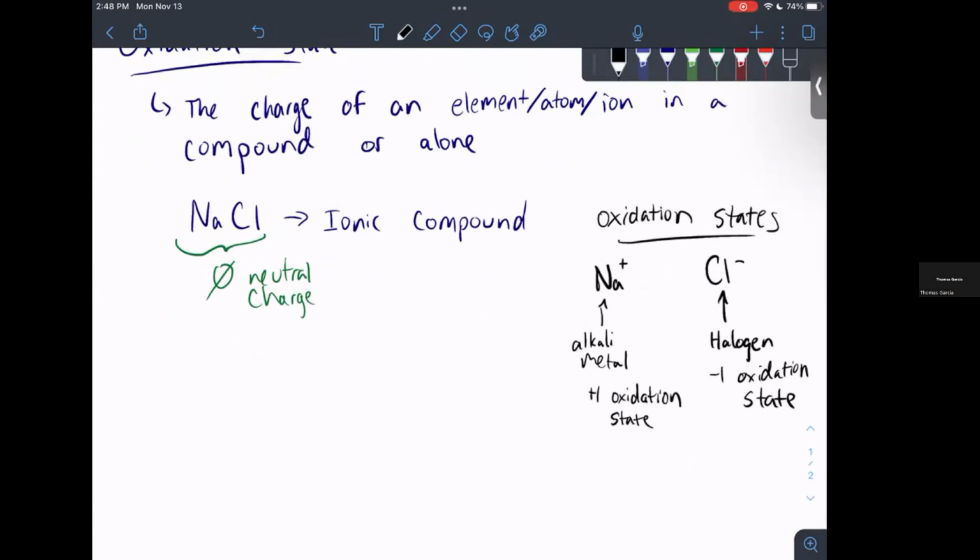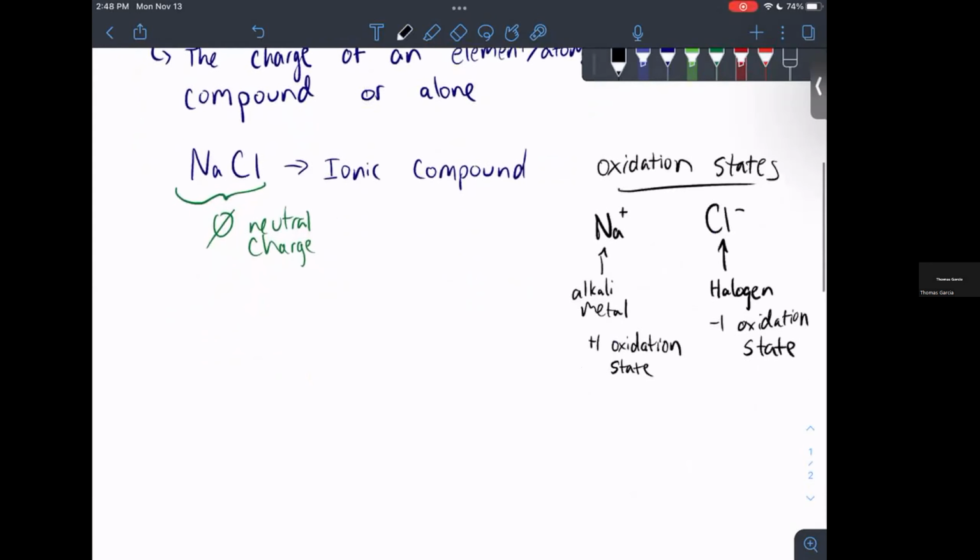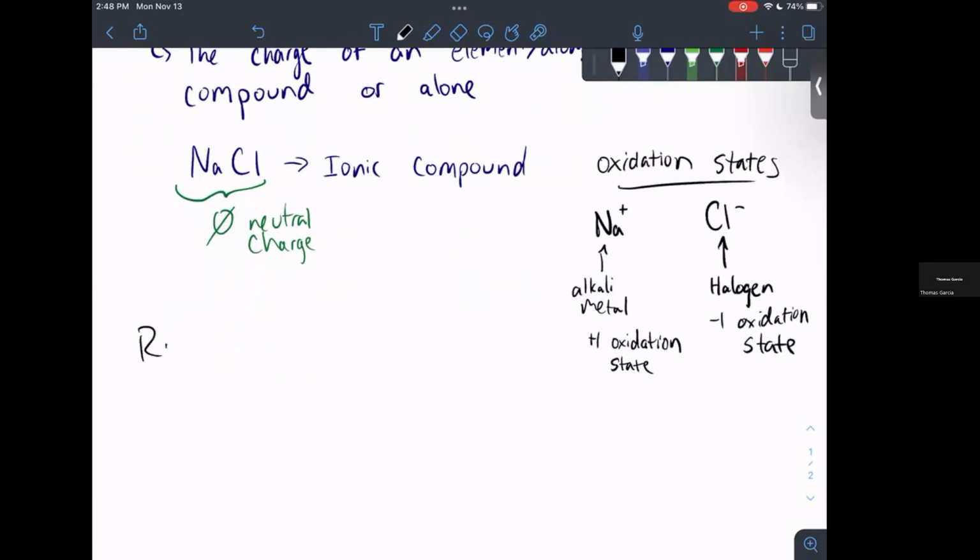So before we really get into redox, we need to get really good at recognizing oxidation states. So that's what we're going to do first. There's a couple rules that we can usually follow. One of the major ones is oxygen. In a compound, it almost always has a -2 oxidation state.